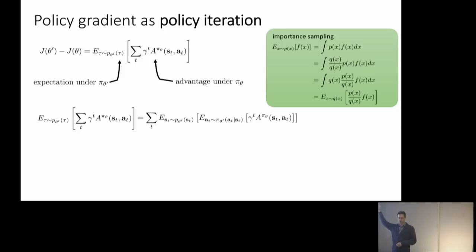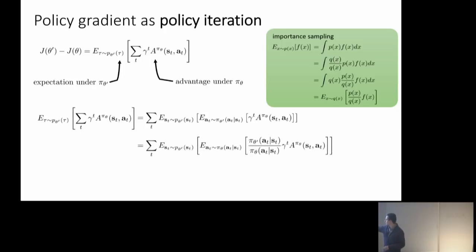This is just importance sampling. So now we're going to plug in importance sampling for this inner expectation only. We change this to be pi theta AT given ST, and on the side we have this importance weight ratio, pi theta prime divided by pi theta.